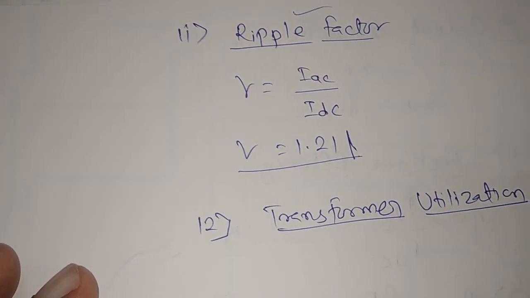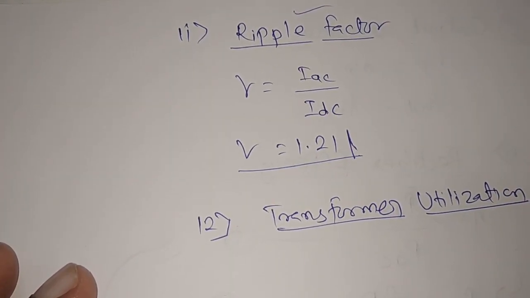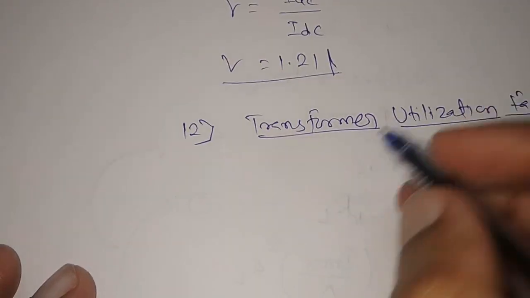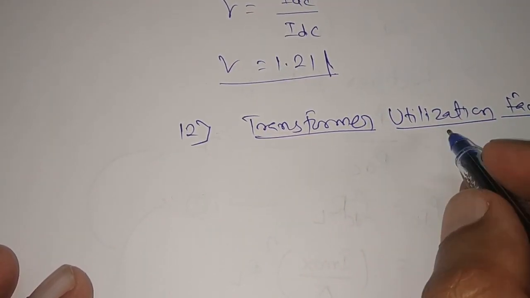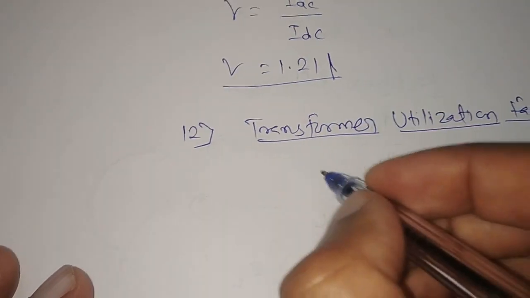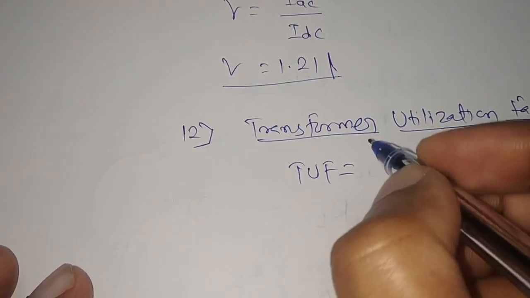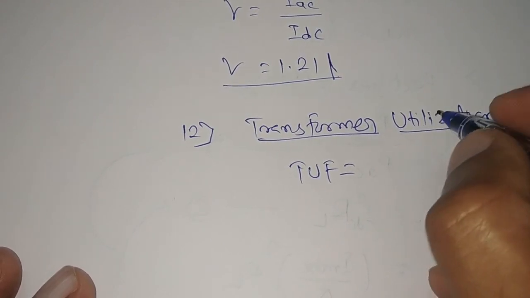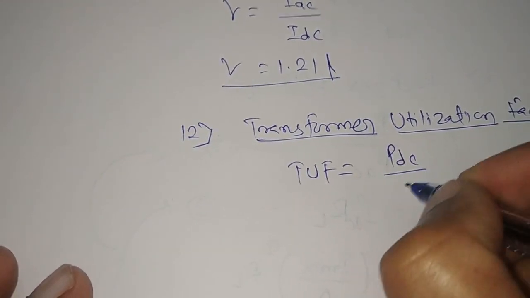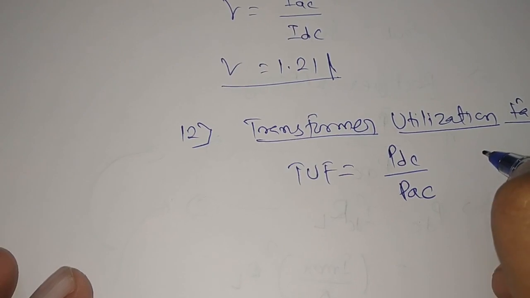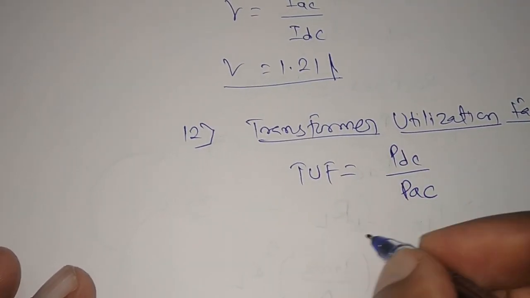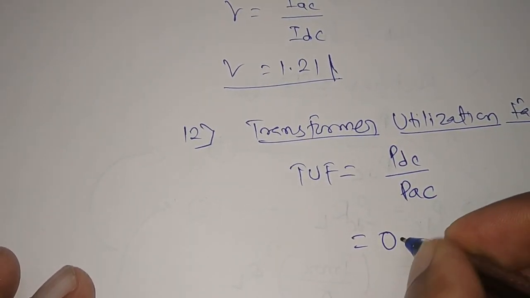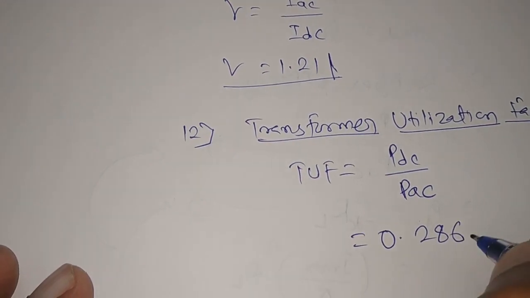So transformer utilization factor means how much percentage of the transformer is being used. So this is TUF. This particular factor is calculated by, say, PDC by PAC, and its value comes to 0.286.